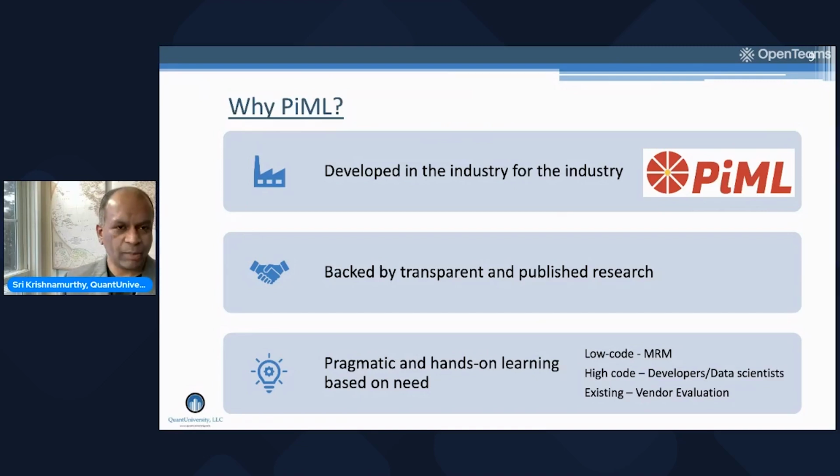The one thing I really like about it is it's developed in the industry, and Agus leads a great team of researchers and developers and practitioners who have seen problems in the financial industry in various realms, and they have built it based on the kinds of issues which could potentially be there. And it's built for the industry. And it's not just a prototype application in the research world.